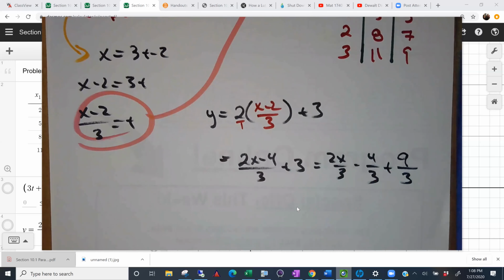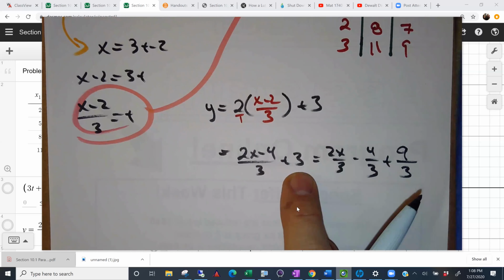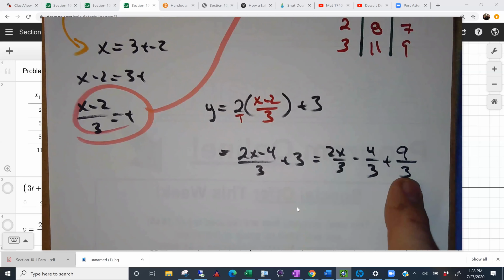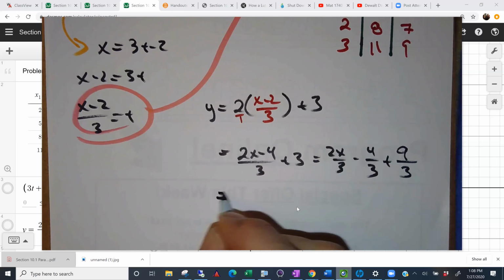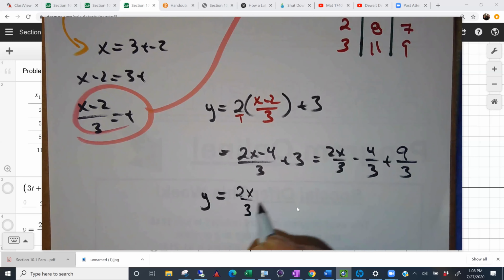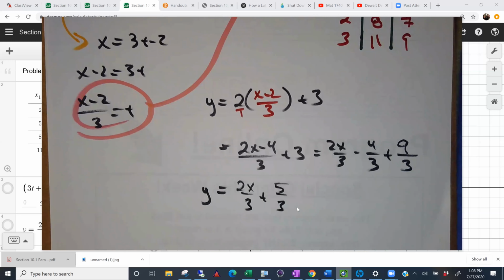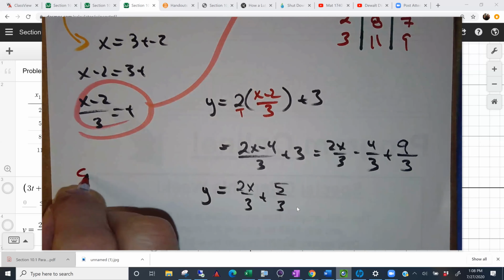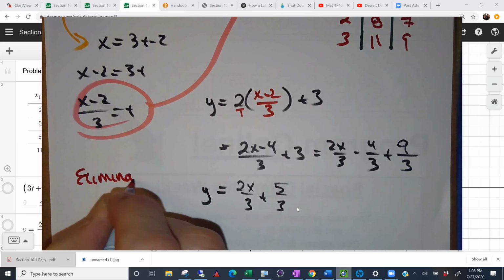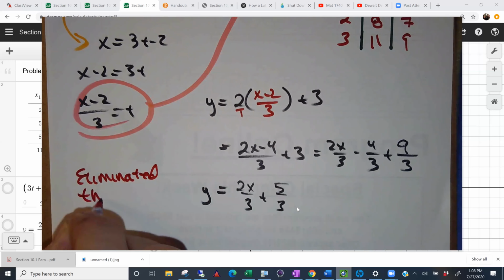Can anyone suggest a reason I wrote this as 9 over 3 instead of 3? To add the fractions. Yeah, perfect. So I can add the fractions. I got a common denominator. And now this is an equivalent equation in just x and y. So we eliminated the parameter.